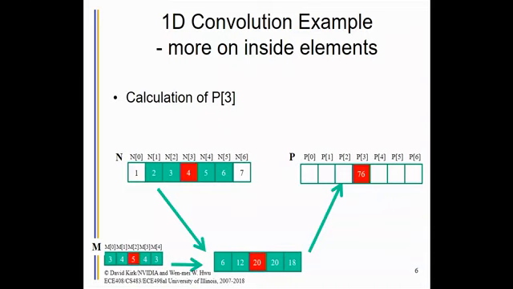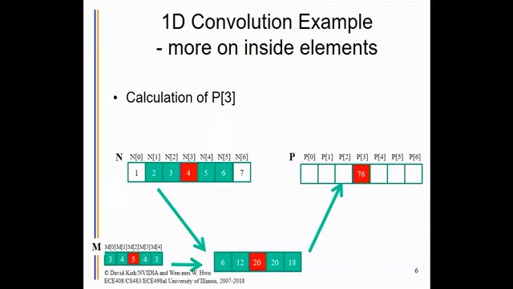Well, we can move on to the next value. P3 uses the same filter, but with the next 5 elements, with N3 in the middle. We do the same inner product with the next 5 elements, and we produce the value of P3. There's something very, very important to remember: the access pattern to the mask.